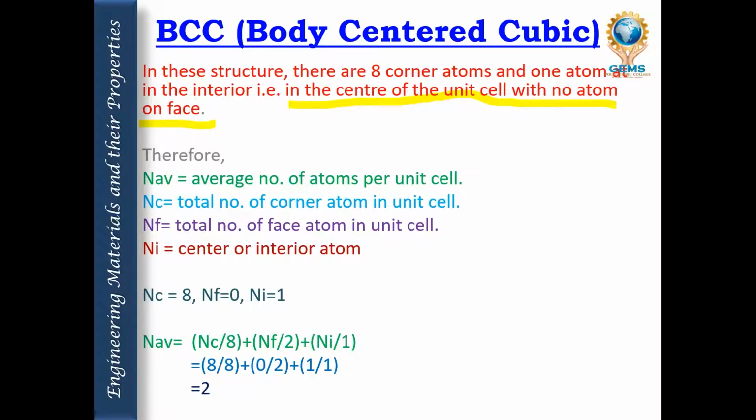As I told, the BCC unit cell is comprised of a net of 2 atoms. Its coordination number is 8. And the packing factor of a BCC unit cell is 0.68. The packing factor is the volume of atoms in a cell per the total volume of the cell.